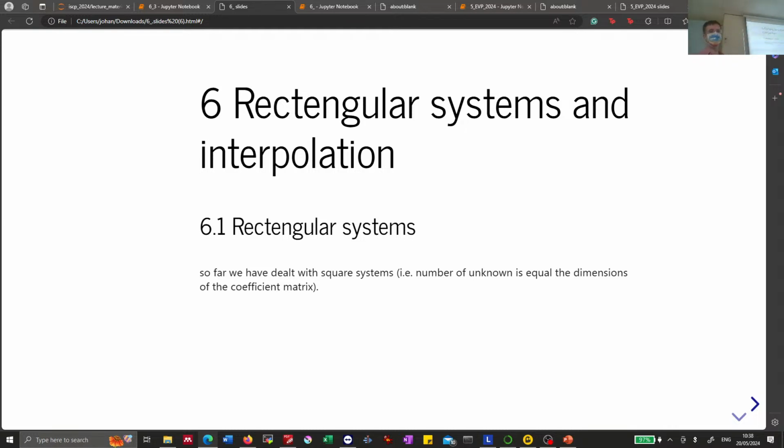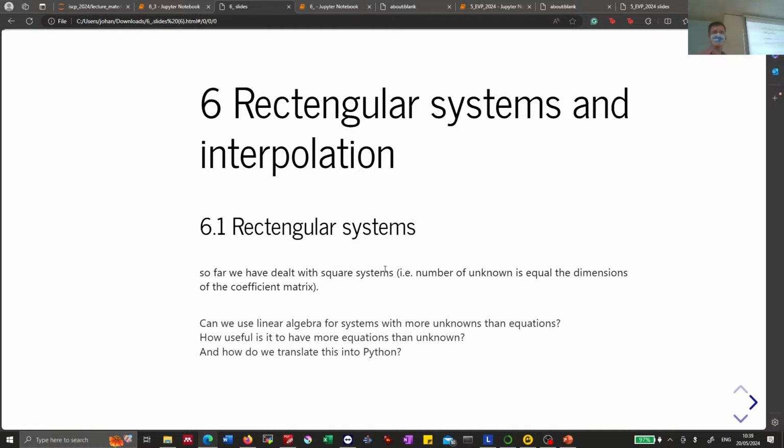So rectangular systems refer, of course, to systems of equations which are not square. So we will have a system of equations that is underdetermined, or we have a system of equations that is overdetermined. Because fully determined, we know already. So the square system, yes, we've done that already.